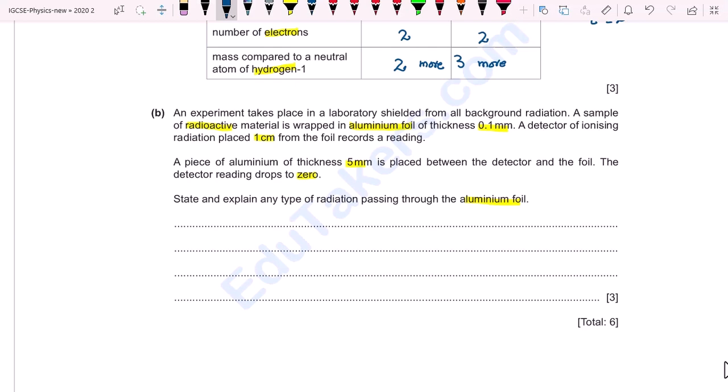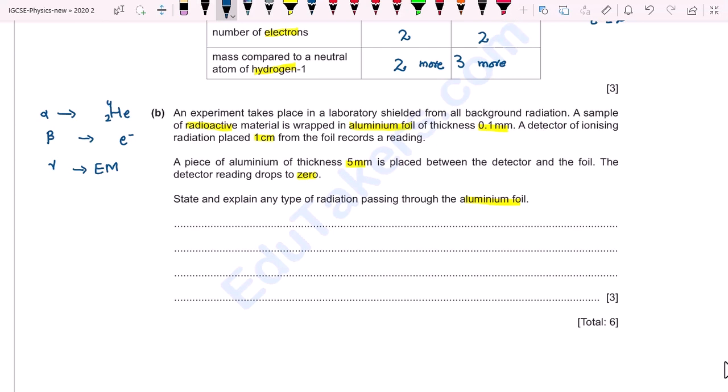Alpha radiations are simply the nuclei of helium, while beta radiations are electrons, while gamma radiations are electromagnetic radiations, and they move with very high speed equal to the speed of light. Which one is passing through the aluminium foil?